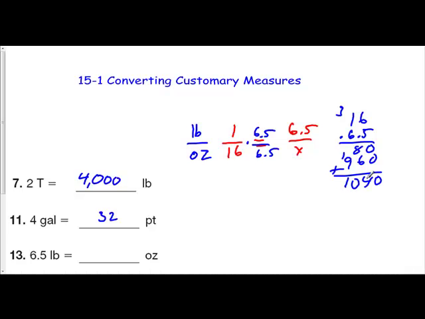We have one decimal place here. By the way, this is multiplication, not a decimal. I don't want you to get confused here. So our answer is 104 ounces in 6.5 pounds, because X equals 104, because we multiplied 16 times 6.5. So 104 ounces.